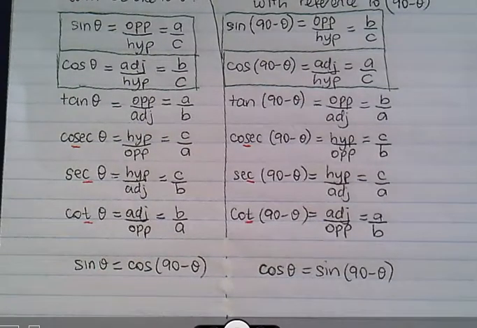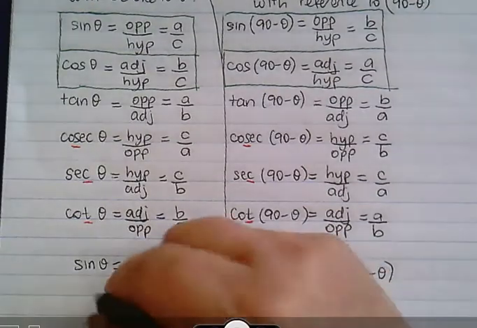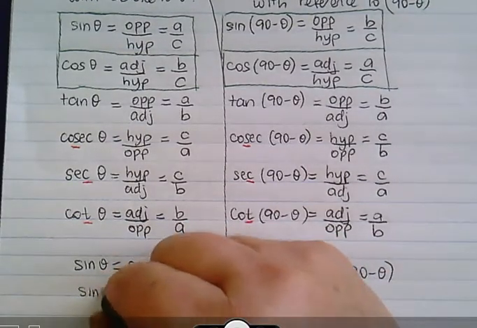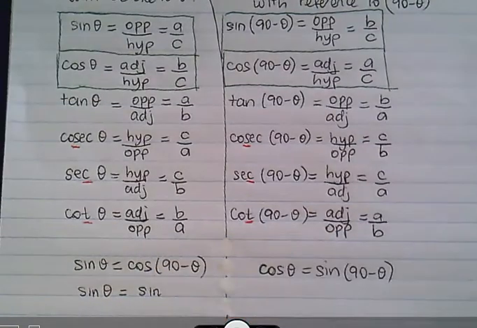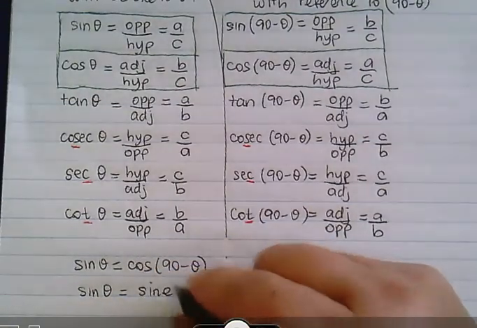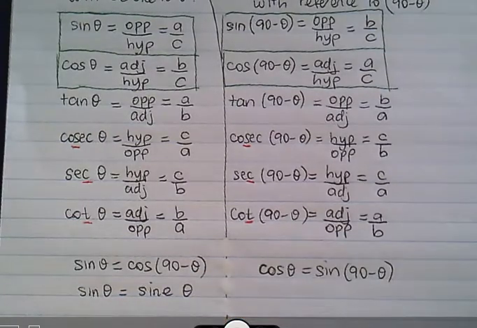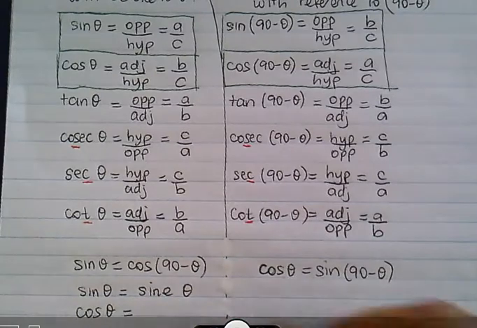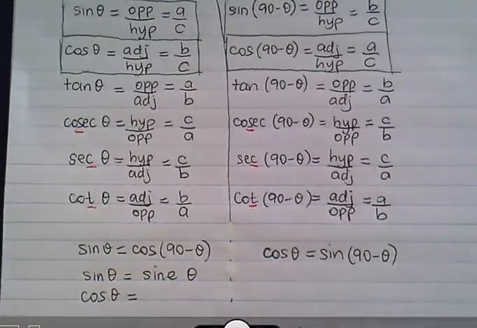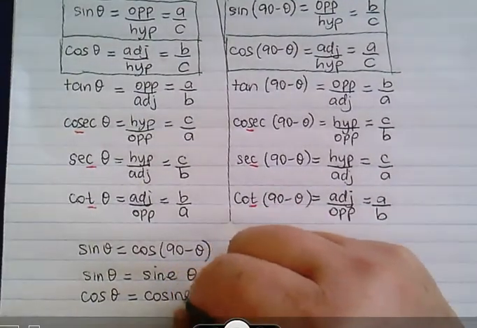But there is also a giveaway in the name, which I will explain. When you look at sine theta, you know how I'm saying not sin? It actually is sine theta. And when I write cos theta, cos is actually short for cosine. Cosine theta.